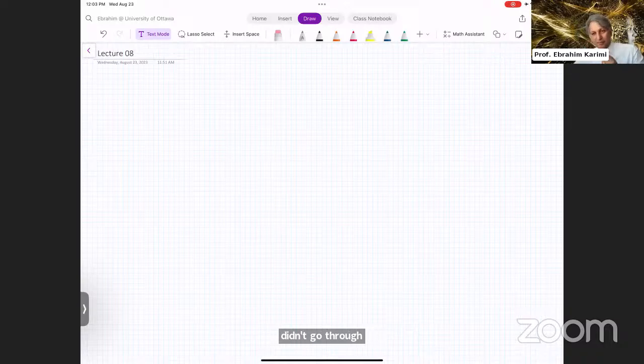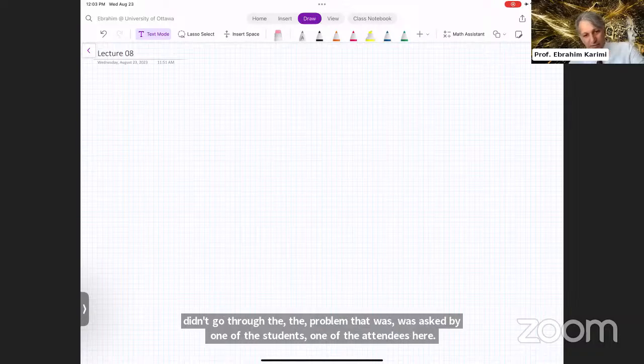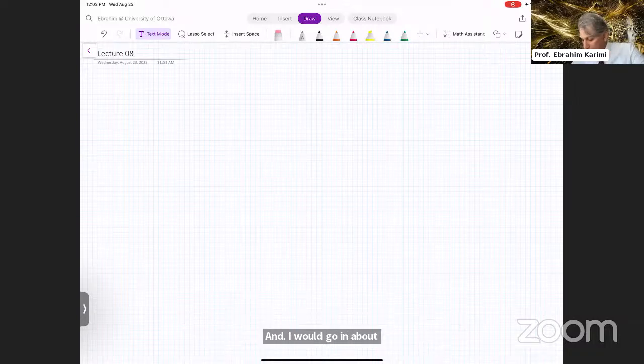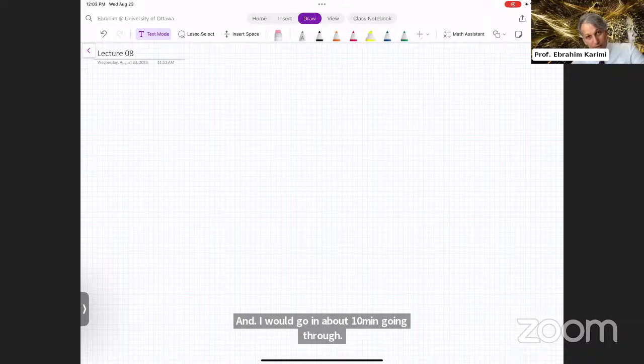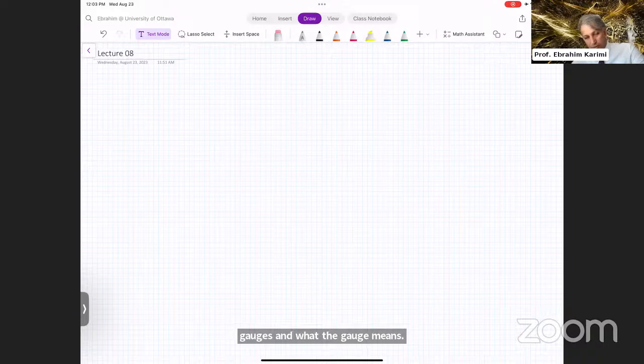I will spend about 10 minutes going through the gauges and what the gauge means, and after that I think we will close the entire chapter 1 without having any problem.